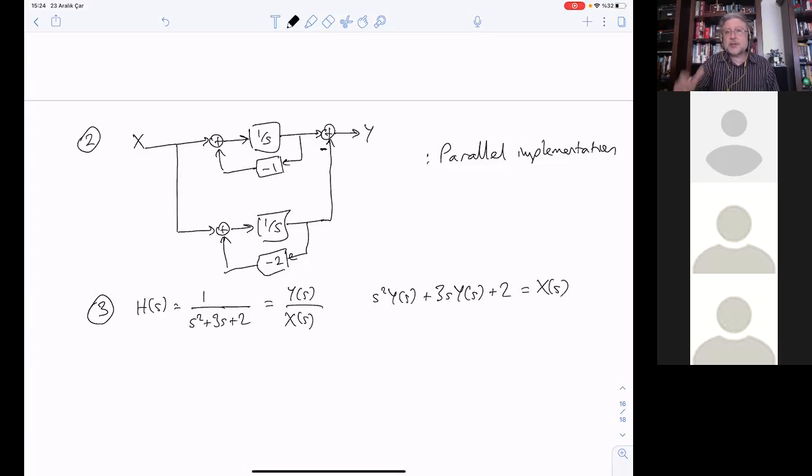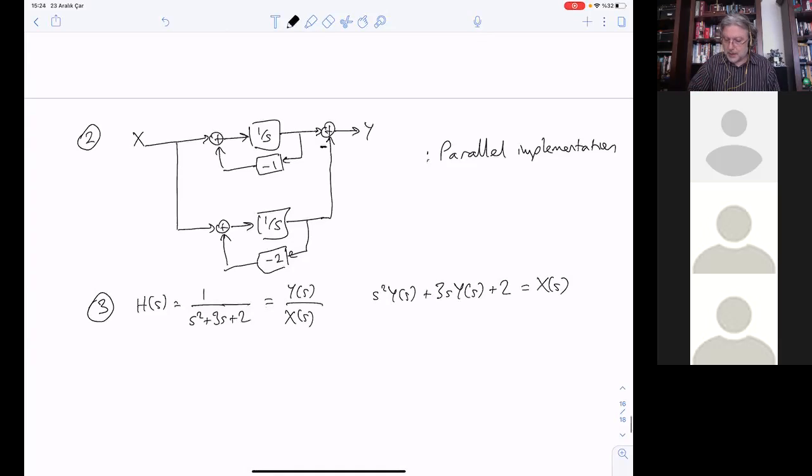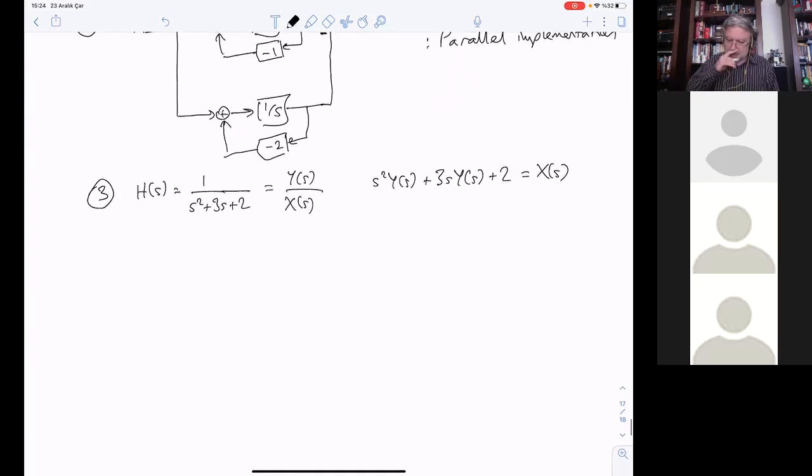I have to, unfortunately, elaborate a little bit on this one for the implementation. I want to isolate the highest power of s term at the left-hand side of the equation. And that makes y of s equal to 1 over s squared x of s.